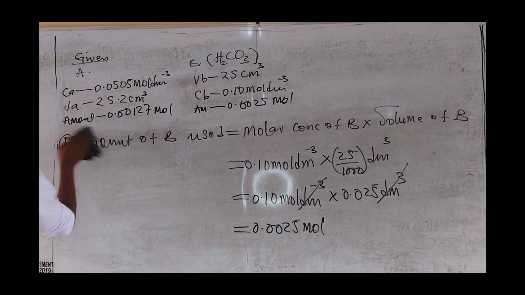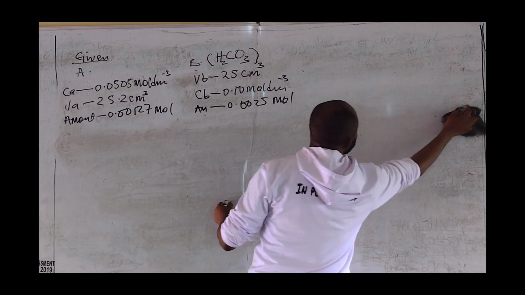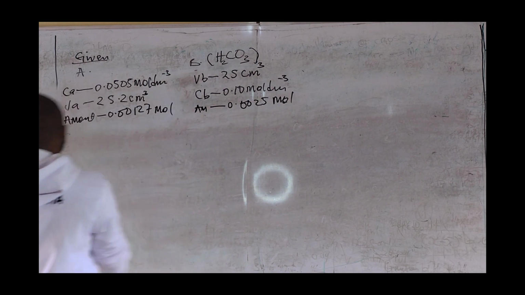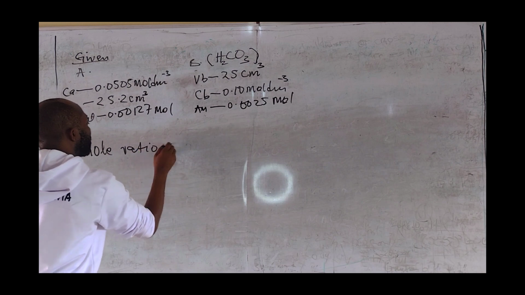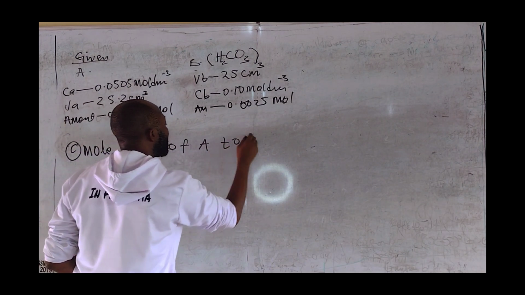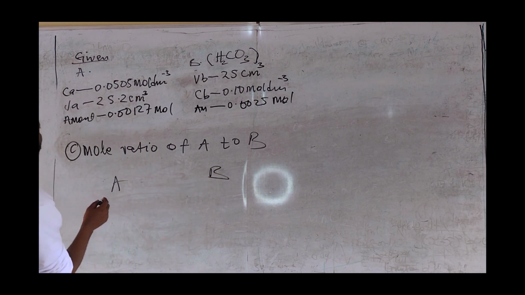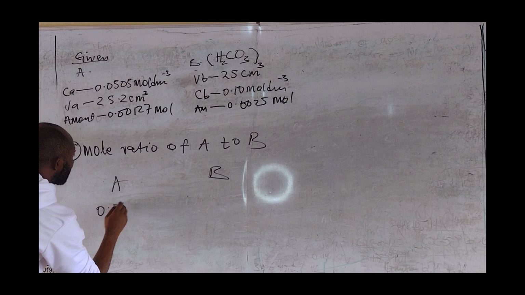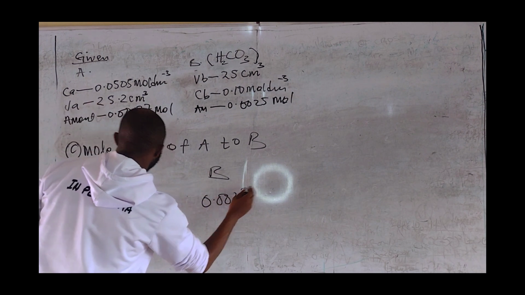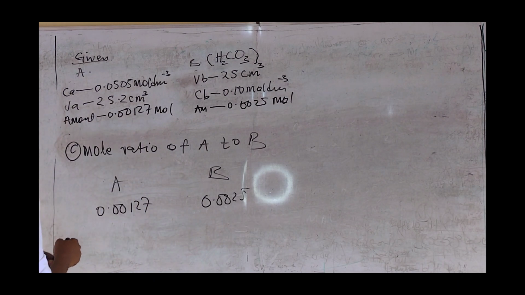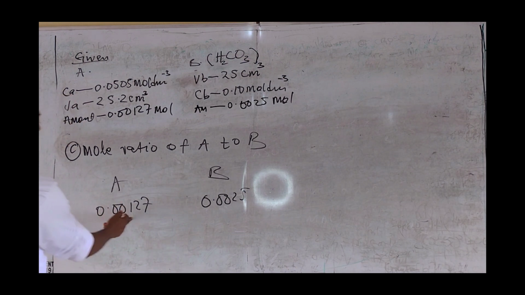Now the mole ratio, C, mole ratio of acid to base. So this is my acid and this is my base. That of acid is 0.00127 and this one is 0.0025. Okay. Now, which one is the biggest? 1 and this is 2.